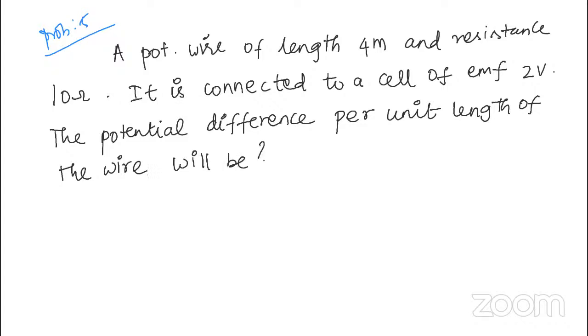So this is the question. Okay, so the values they are provided, length of the value they are given. L of the value they are given, then V of the value they are given, E of the value they are given, R of the value they are given. Here the resistance value it is R, and here V of the value. Okay, voltage of the value they are given, that is 2 volt.